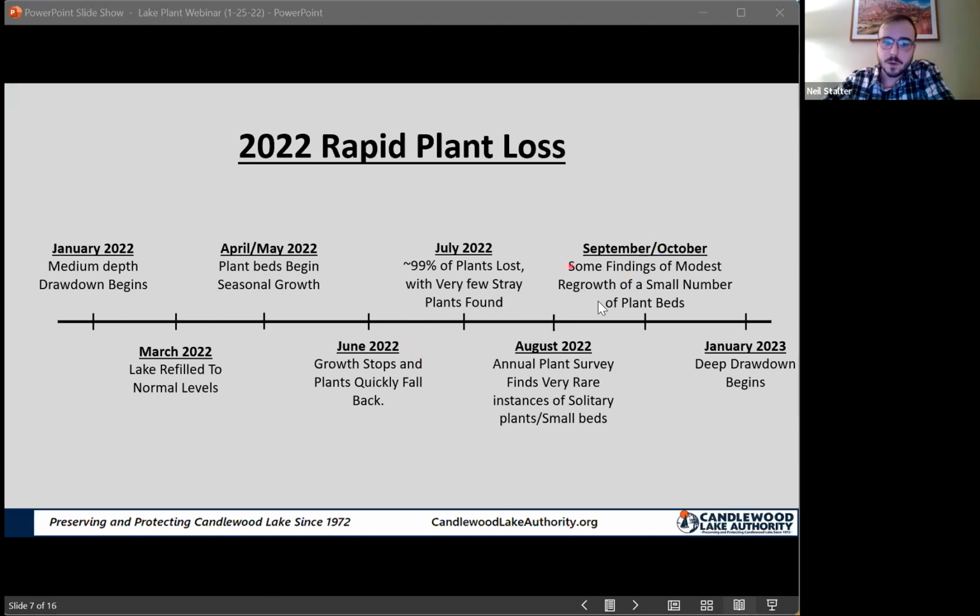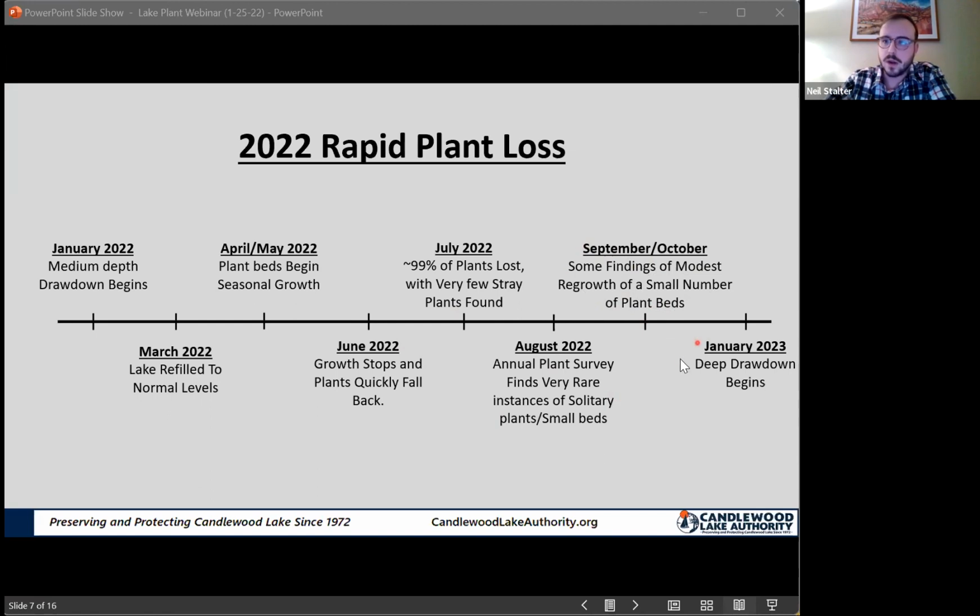In September and October, we did actually begin to see plants again with sonar. There was nothing rising up to the top, but there were a small number of beds that showed some modest regrowth. This is a very low amount compared to what we saw in past falls in a normal season, but we did start to see on sonar some plant beds begin to regrow in September and October a little bit.